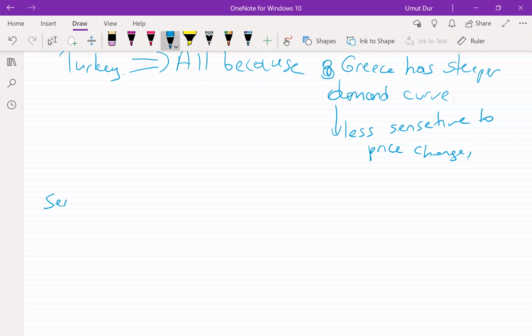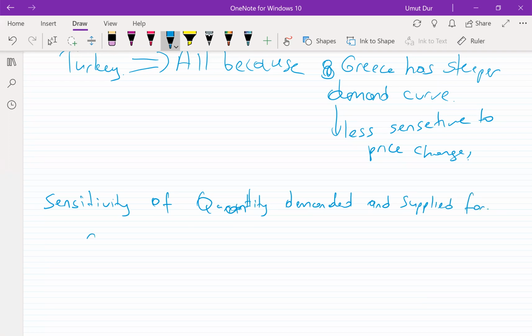So we will be looking for the sensitivity of quantity demanded and supplied for changes in price and other factors. Okay.